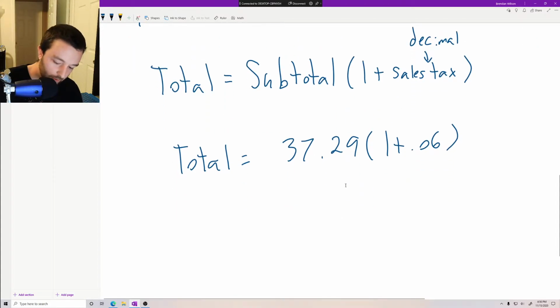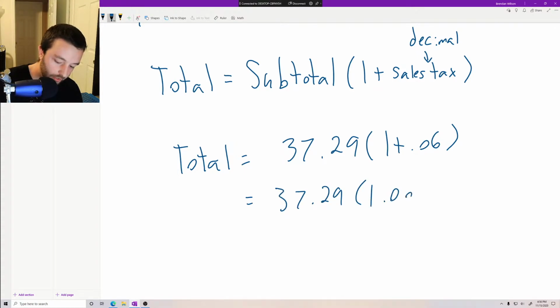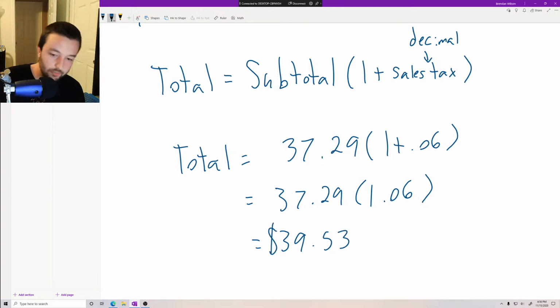Okay, so now we just remember our order of operations. We do the parentheses first to get 1.06. And then we're just doing 37.29 times 1.06. Okay. So this is 39.53. I'm rounding a little bit here.